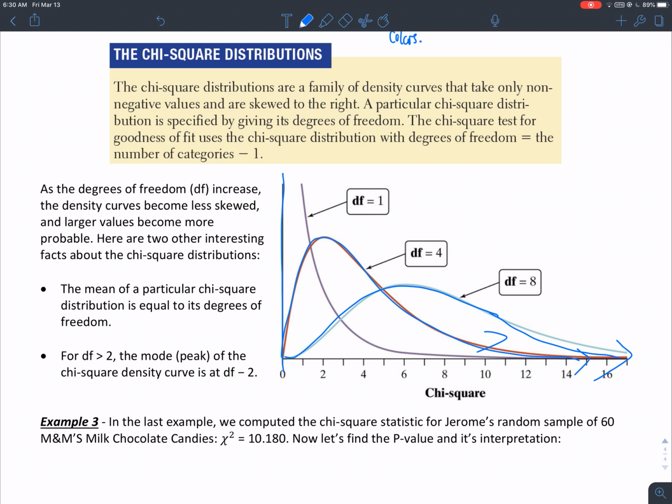As the degrees of freedom go up, the distribution will become more symmetrical, but it's not going to become symmetrical anytime soon, because having this many categories in your categorical variable doesn't happen too often, at least not in our simple examples. Maybe in other examples it does. Hopefully this makes sense to you. We had a similar graph for the t-distributions.